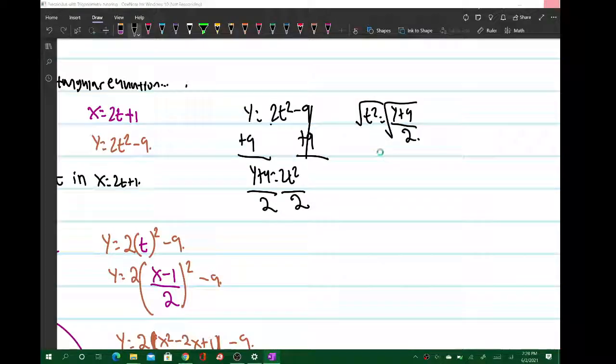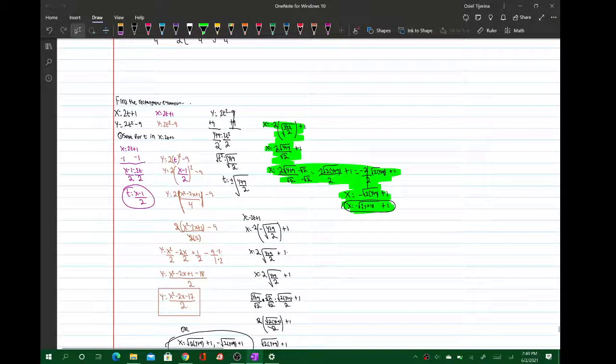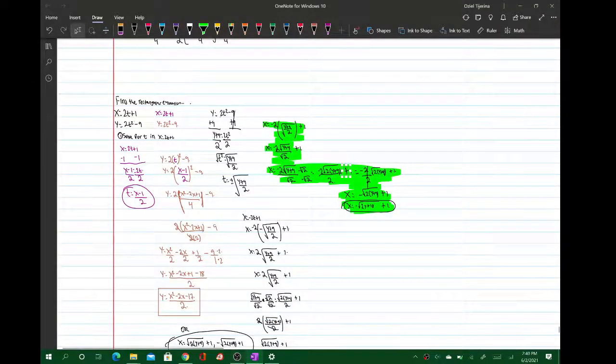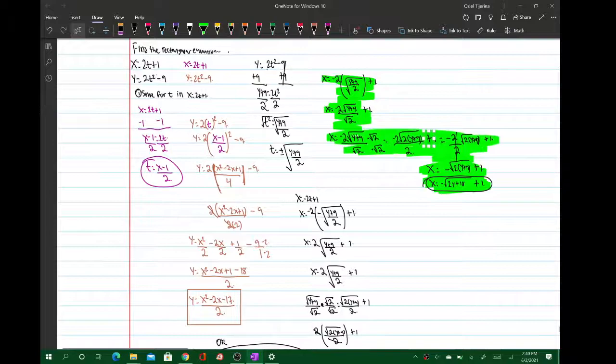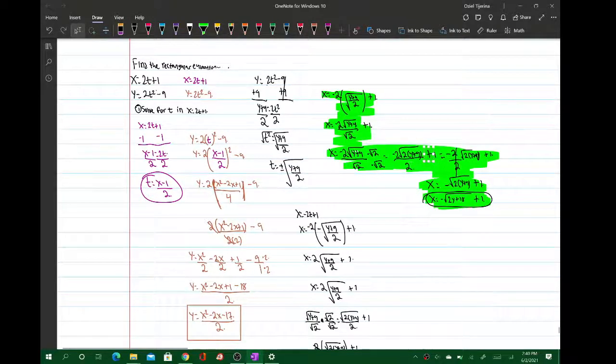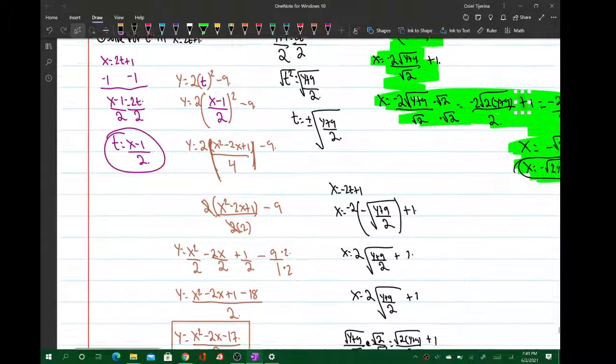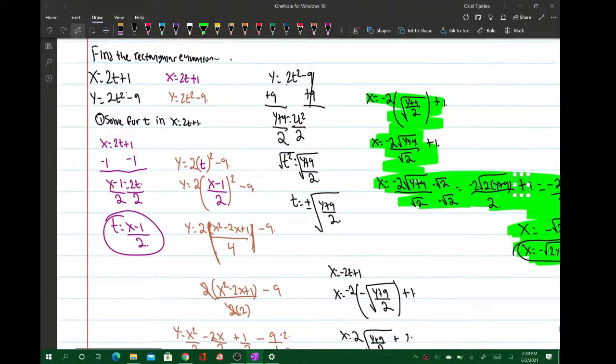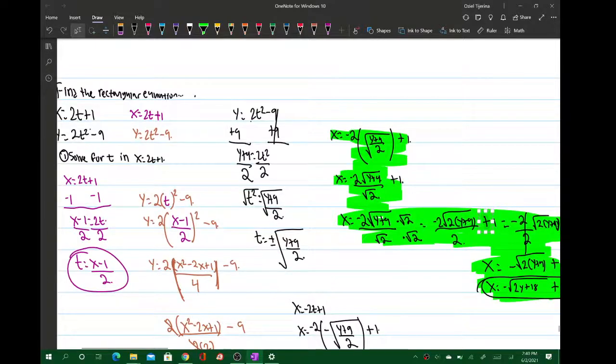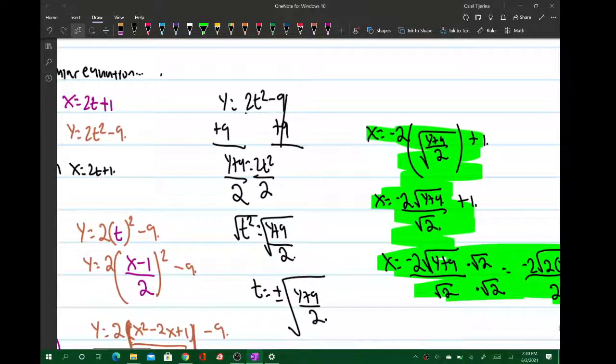There are a few ways to do this one. I'm just going to briefly walk over what I did. So yes, you can do it this way, or you could also do it by solving for t in y equals 2t squared minus 9.